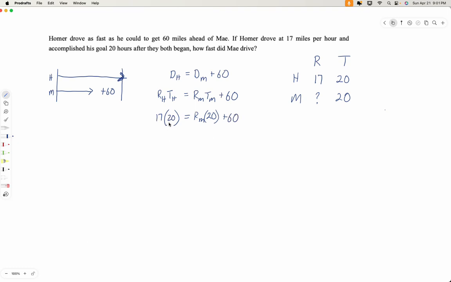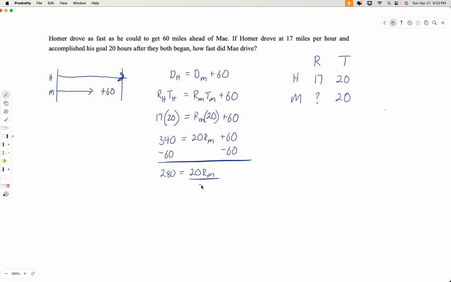We've got 17 times 20, that's going to be 340, is equal to 20 times the rate of May, just because we like to have the variable last, plus 60. So if I subtract 60 from both sides, then I get 280 is equal to 20 times the rate of May.